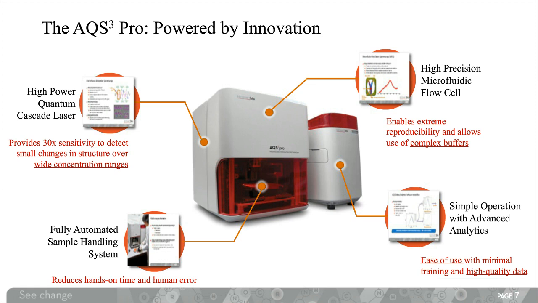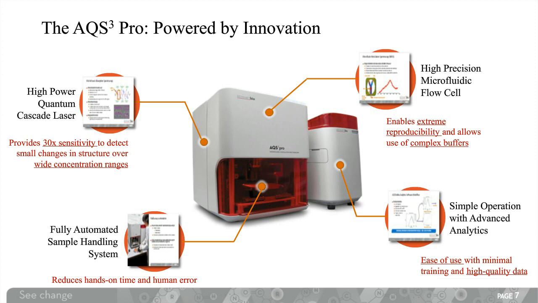We combine this with a high-precision microfluidic flow cell, which means that unlike with Fourier transform infrared spectroscopy, where you have to use two well-matched cells to make your measurements, with this system we actually flow different fluids into the same cell and therefore reduce any errors in that aspect.